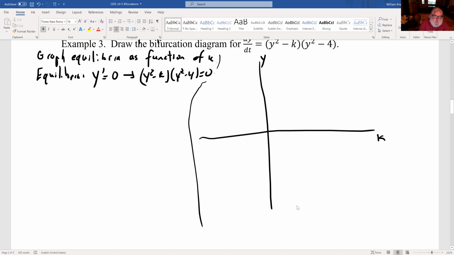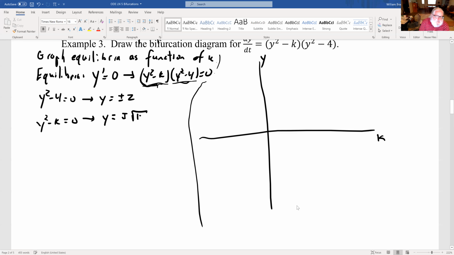So solving this equation, y equals plus or minus 2, those are always equilibria. Doesn't matter what k is because that's just that. And the other term is y squared minus k equals 0. And that gives you y equals plus or minus square root of k.